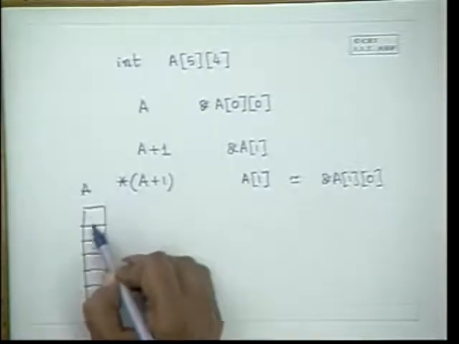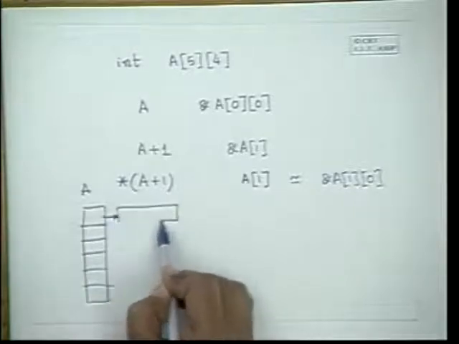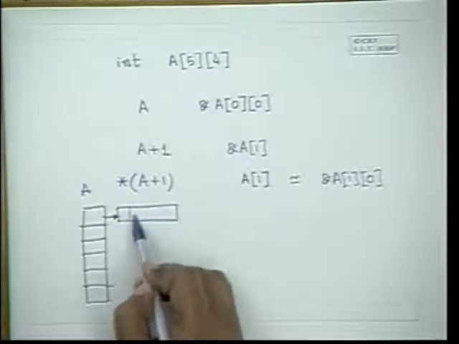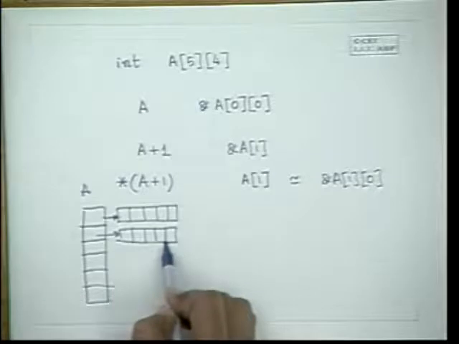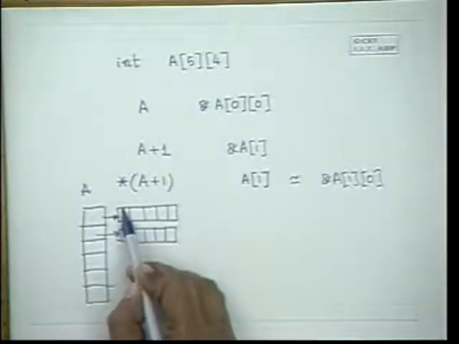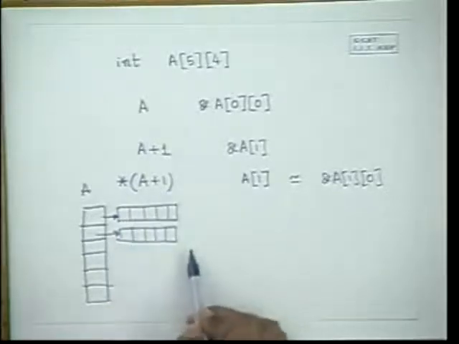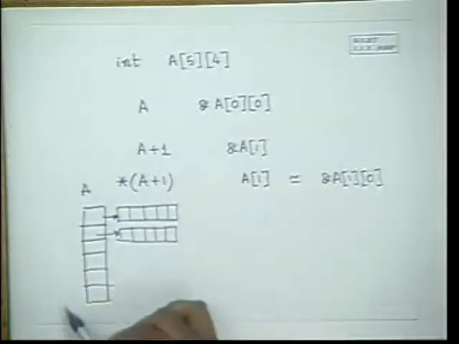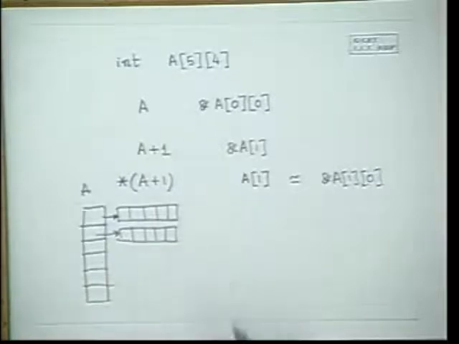This is the array A[0], A[1], A[2], A[3], A[4], and each of them bifurcates into a 2-dimensional array. And if you have a 3-dimensional array, then each of them will again go out and make arrays. If you do not understand this structure carefully, you will not appreciate the address and content configurations in C. So this structure must be understood very clearly.